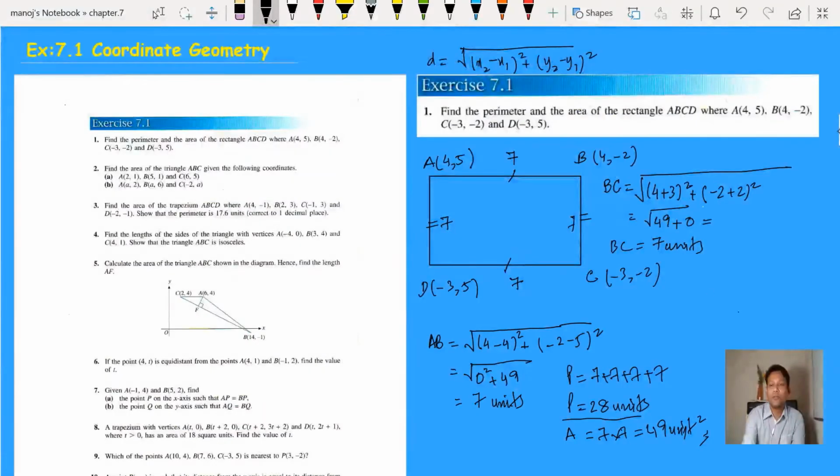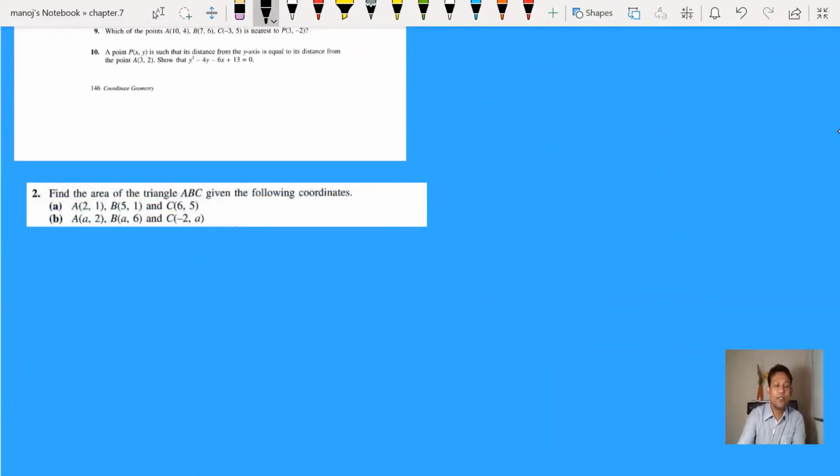Moving to question number 2. Find the area of the triangle ABC given the following coordinates. In my previous video, I discussed the formula for the area when the coordinates are given. The area of a triangle is half, and we have to use the modulus sign.